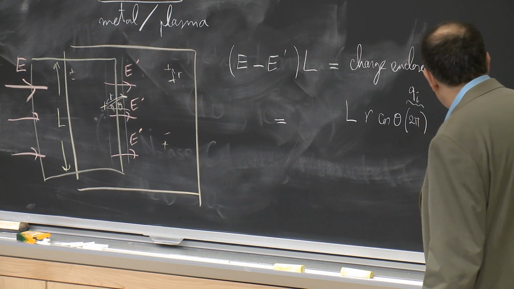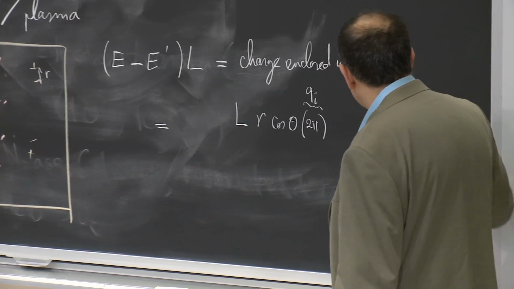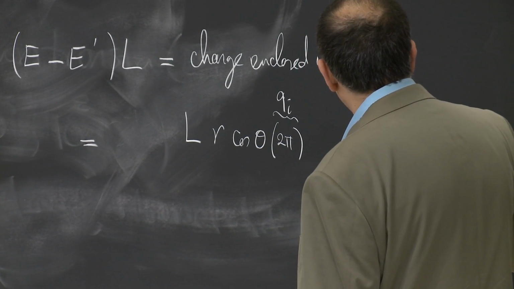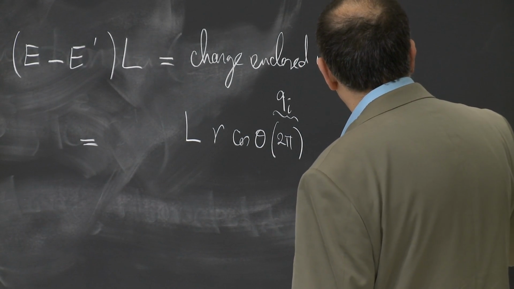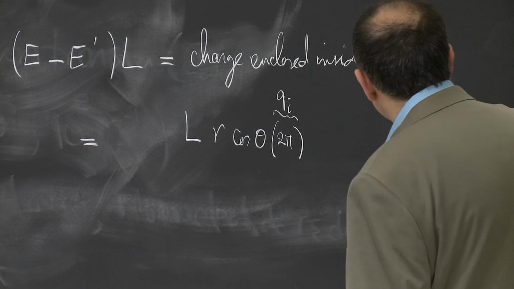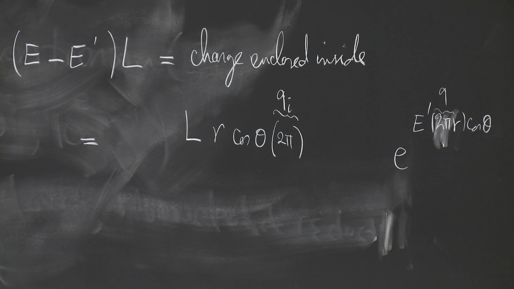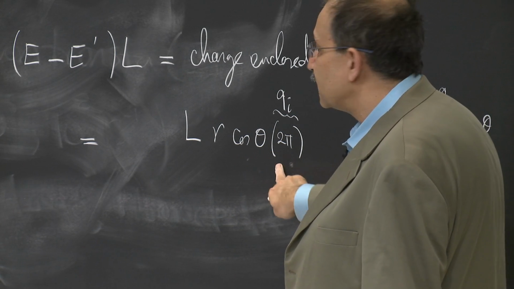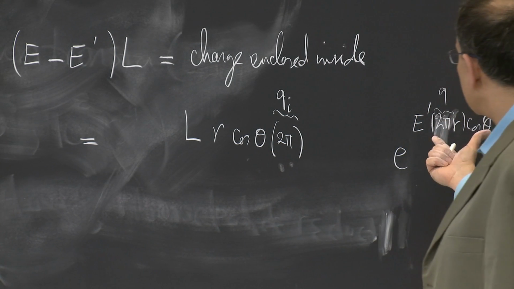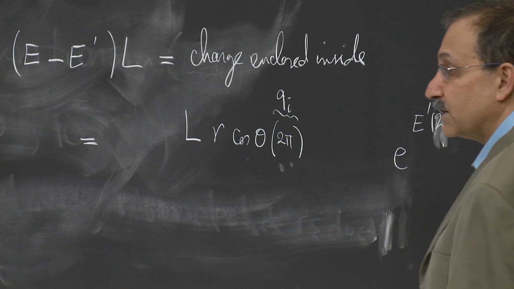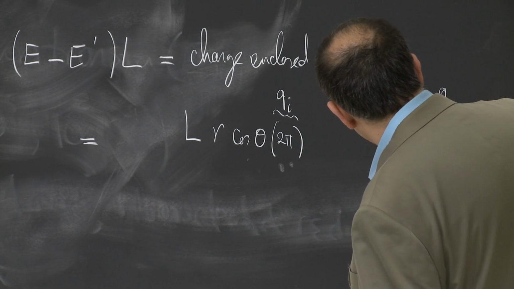So I will have a term here that is e to the E prime times Q r, so that's 2 pi r. So this is Q r again, times cosine of theta. So we can see that depending on cosine of theta being larger than pi or less than pi, this number will be positive or negative, and that's going to be modified by this number also. And of course, the strength of this whole thing is set by this parameter k.